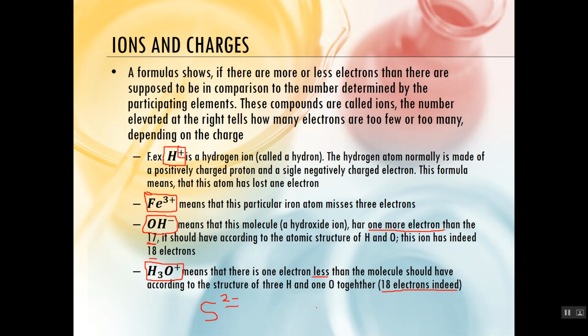All these particles with positive and negative charges are called ions. And the positive ions are also called cations. Now I can't remember how they pronounce it. And the negatively charged ions are called anions.